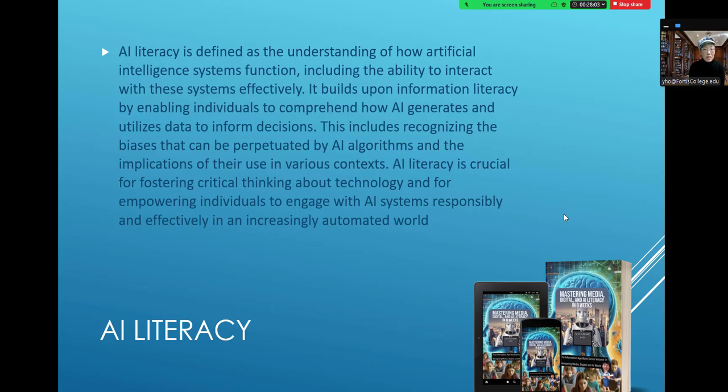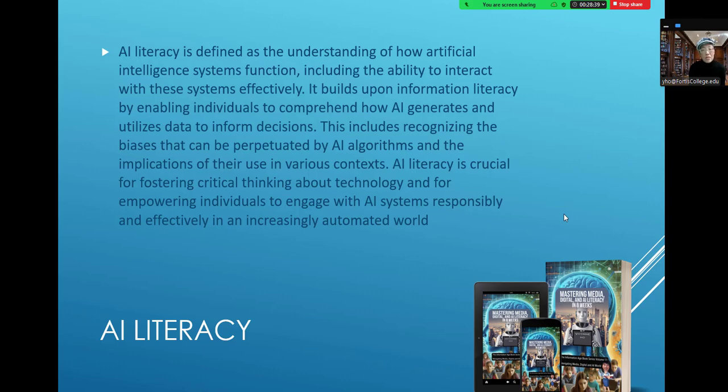AI literacy is defined as the understanding of how artificial intelligence systems function, including the ability to interact with these systems effectively. That also has to do with prompt engineering. Prompt engineering is knowing what kind of prompts are the most effective to get a good output from your AI. That's a different book I wrote about. But basically, you have to provide context, provide background, then provide the action, and then provide what format you want it in.